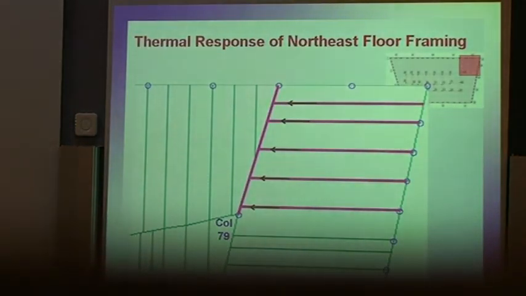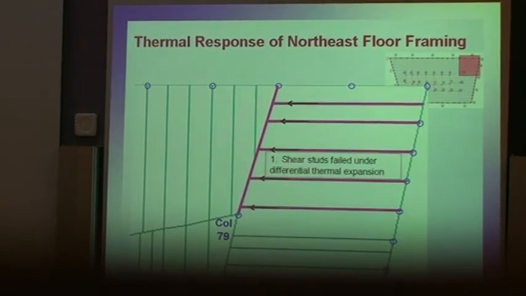So what we found from these analyses that accounted for thermal expansion and thermal degradation due to elevated temperature, and accounting for all possible failure modes, is it's likely that shear studs between those beams and the concrete slab failed under differential thermal expansion between the beams and the concrete slab. Remember that this girder didn't have shear studs, but here these shear studs failed early on in the analysis under differential thermal expansion between floor beams and concrete slab.